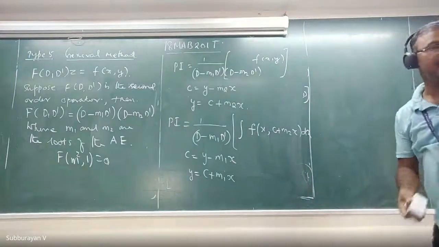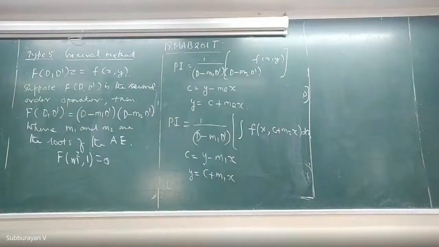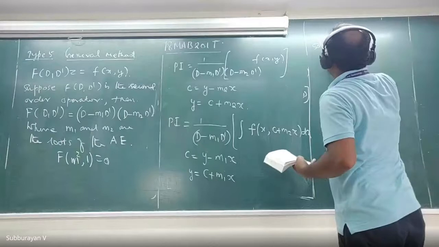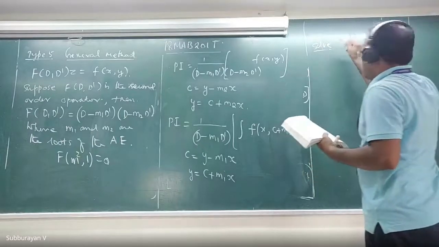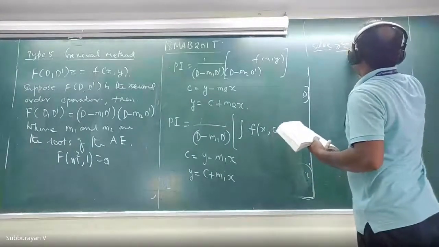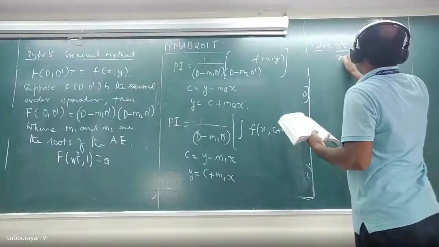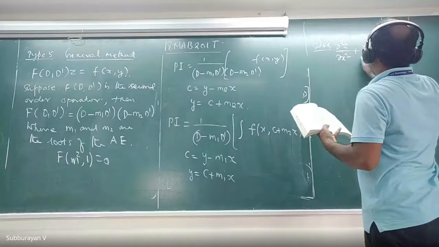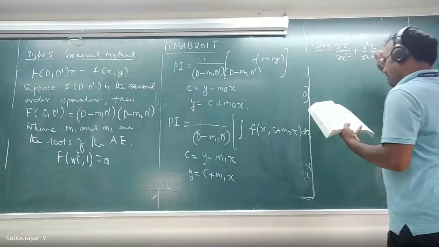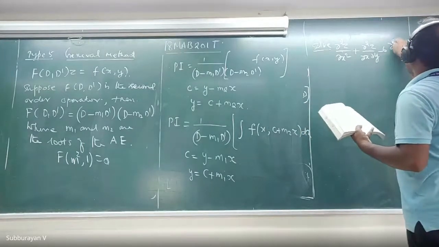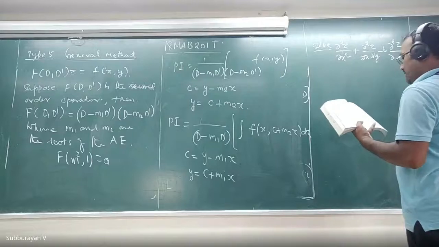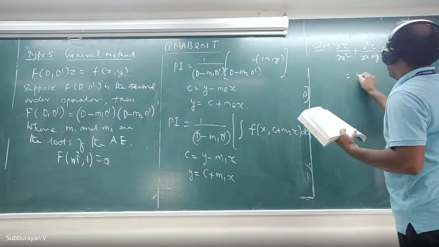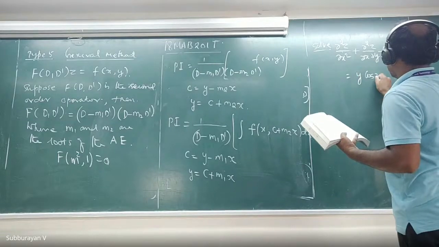Look at this first problem. Solve d square z by dx square plus d square z by dx dy minus 6 d square z by dy square equal to y cos x.